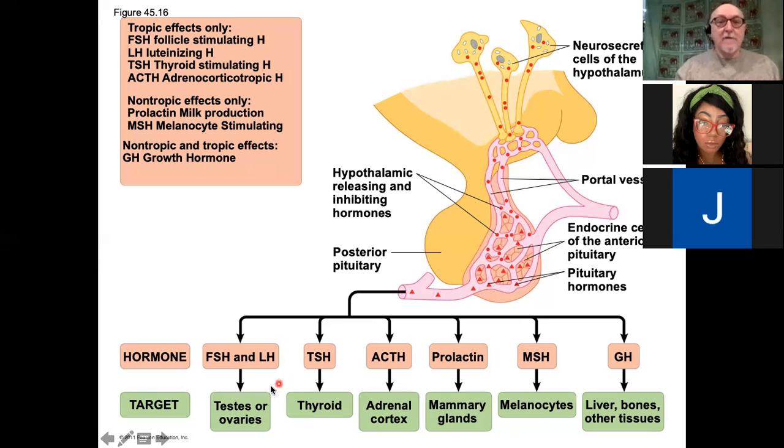So first of all, the anterior pituitary releases FSH, that is follicle stimulating hormone. I'll do it slowly so that you can write these down. Follicle stimulating hormone, and LH, the luteinizing hormone.